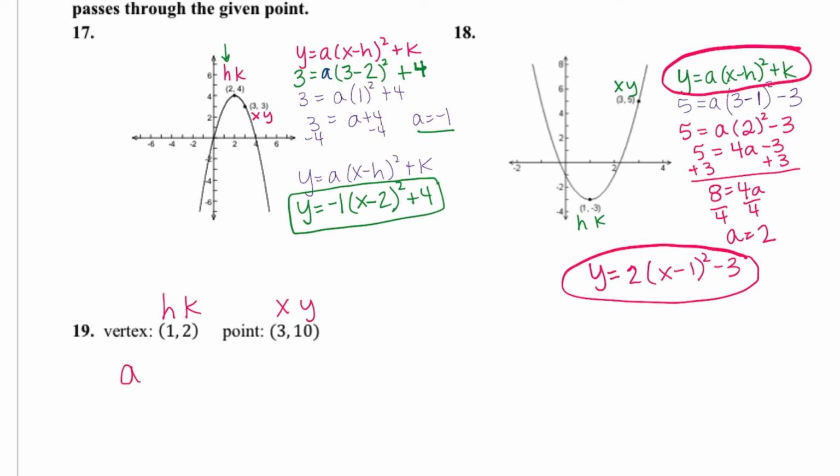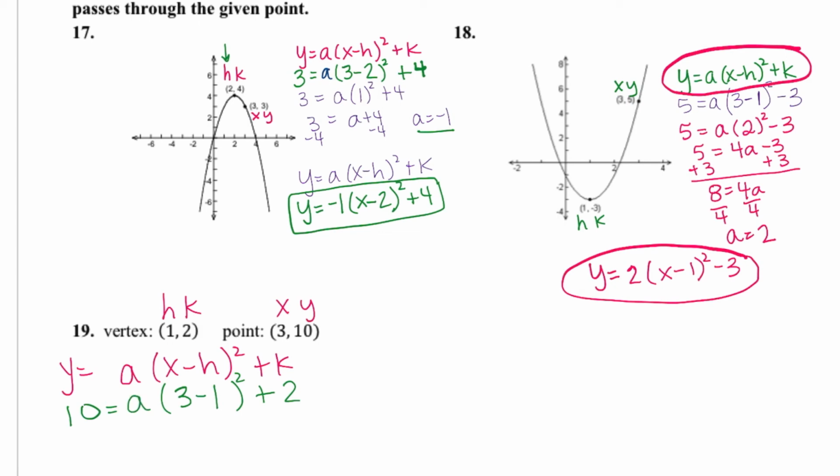So I have y equals a times x minus h squared plus k. Now I want to take and substitute in my hk, x, and y. My h is 1, my k is 2, plus 2. My x is 3, and my y is 10.